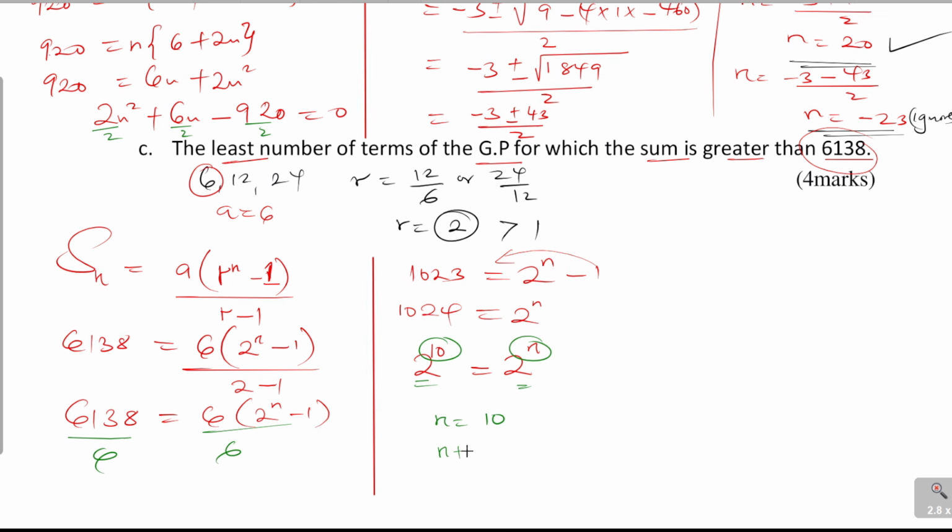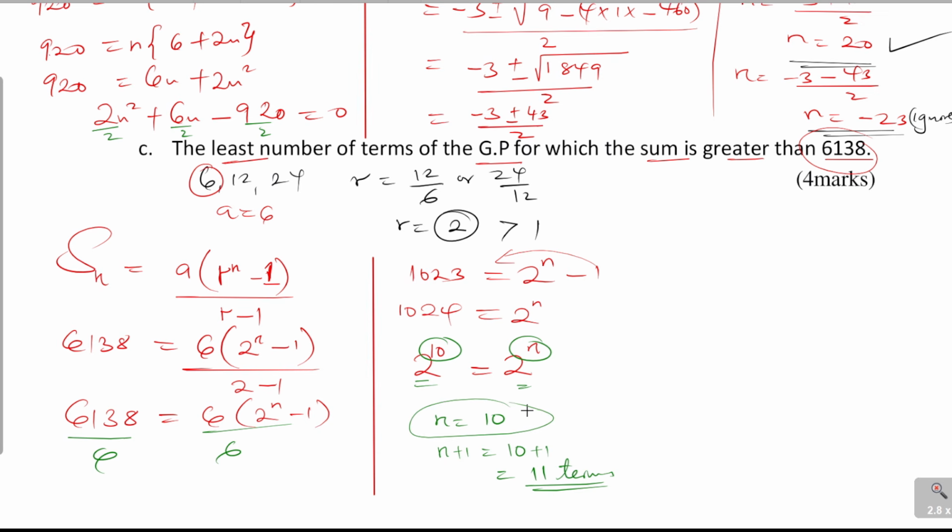So n plus 1, which is 10 plus 1, we get 11 terms. So 11 terms is the one that will give us the sum that is greater than 6138. So you don't take the answer as 10 terms.